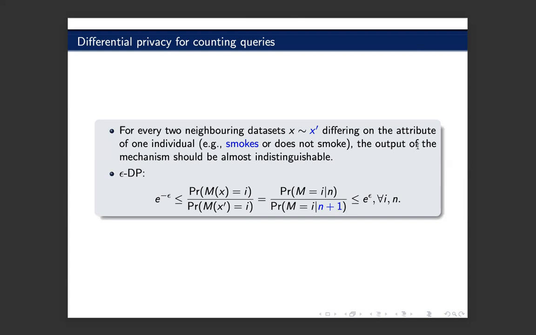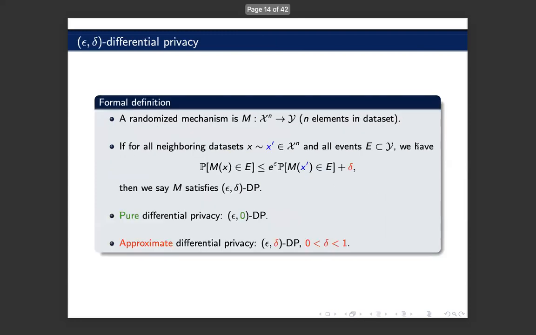Hopefully epsilon is a small value, so e to the epsilon is small and this ratio is very close to 1, which means that the effect of the person is indistinguishable. The effect of a person on the data output is fairly small. That is in terms of the counting query.